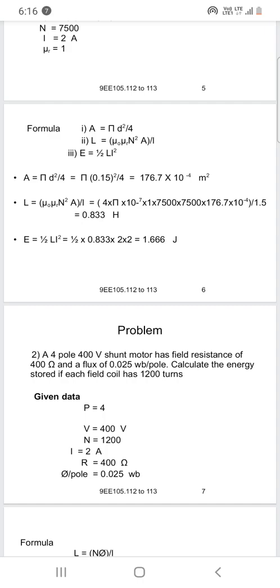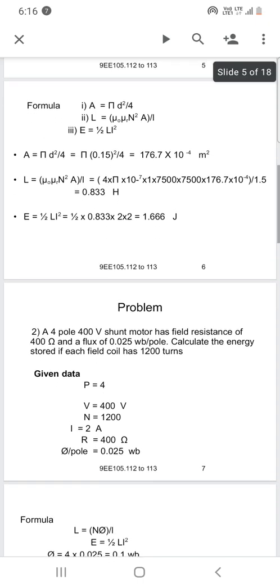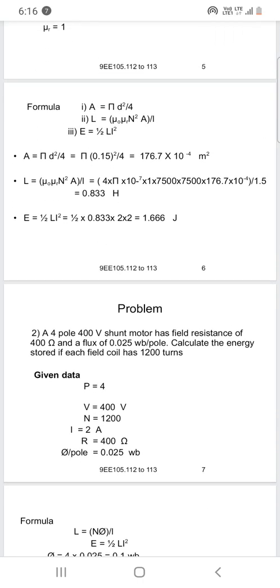This equals 0.833 Henry, the inductance value.